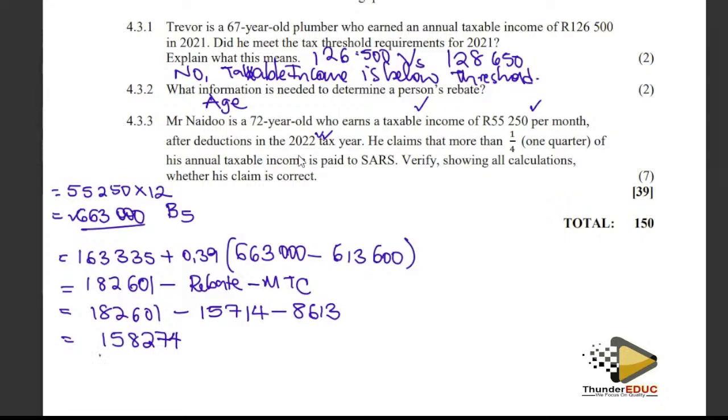This is what he pays to SARS annually, not monthly. So we shall compare it with a quarter of his annual taxable income, because everything here is annual. So let's look for the quarter. We take that and we see.